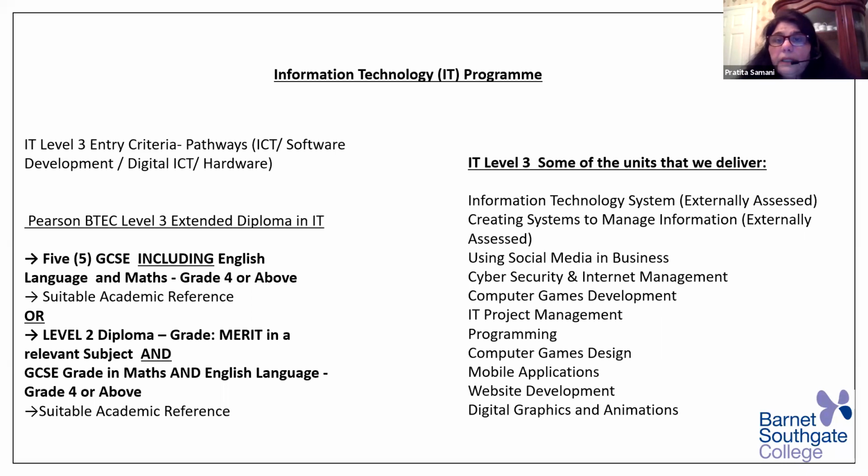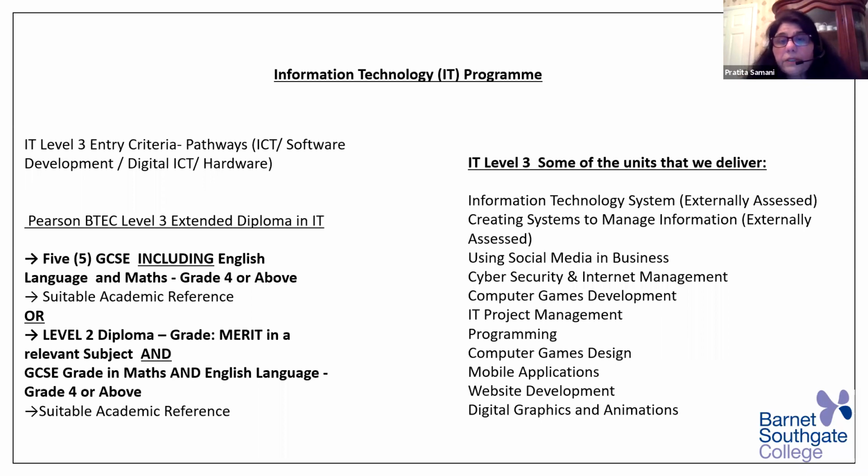So again, the units that we deliver at level 3 are, again, information technology systems. So again, advanced technology systems that we deliver at level 2. So at level 3, it's at a higher level. And then we look at another unit, which is creating systems to manage information.